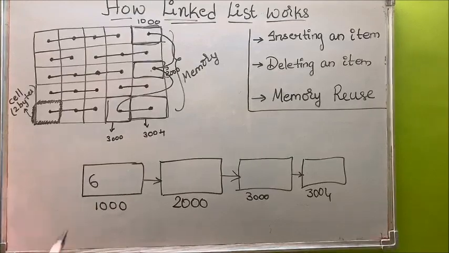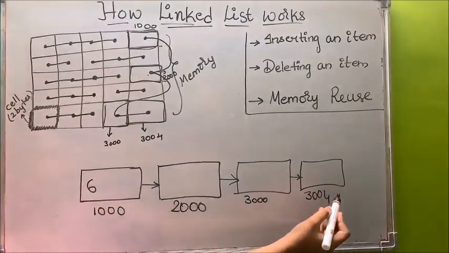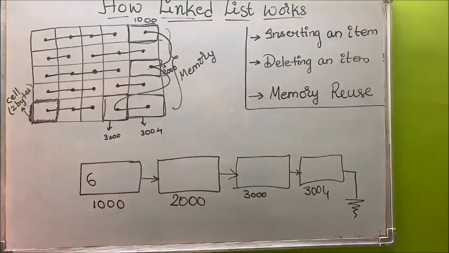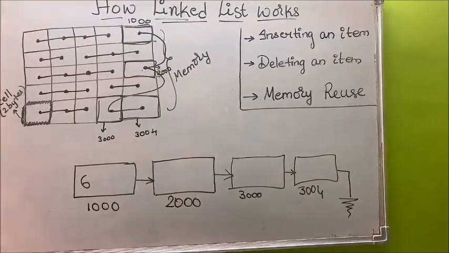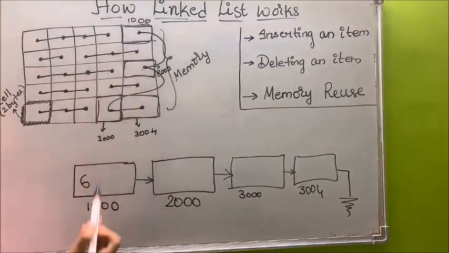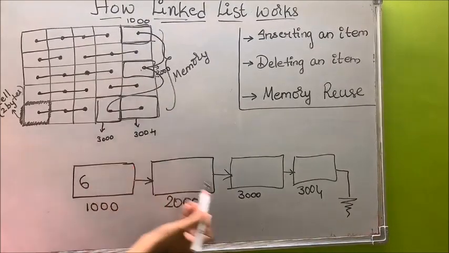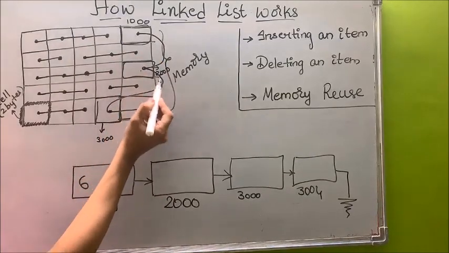For suppose if this is the last node, it doesn't have any links further. So the first node is 1000, second node is 2000, 3000 and 3004. Each and every node is linked with a link.